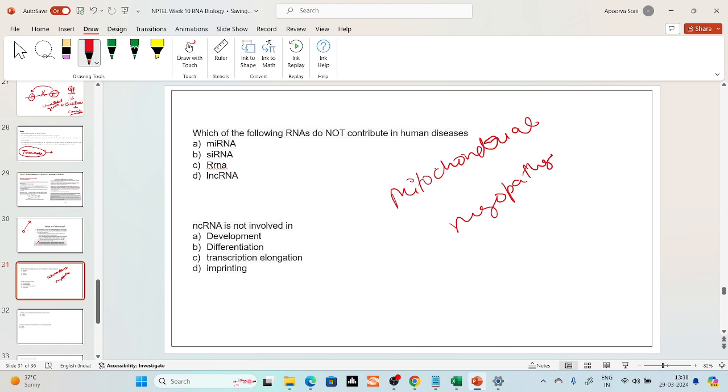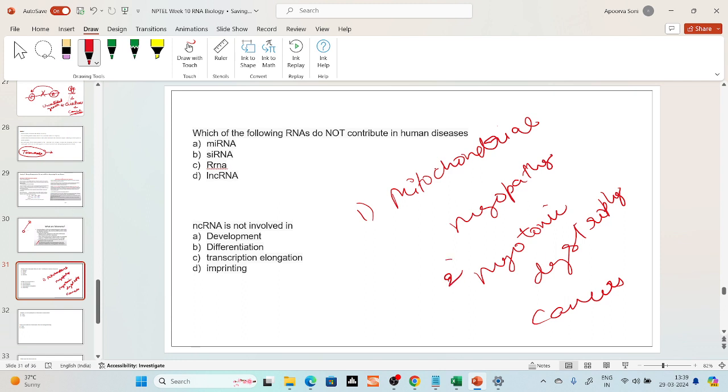okay, and some other kinds of syndrome, such as myotonic dystrophy, and some other diseases, some kinds of cancers, okay.